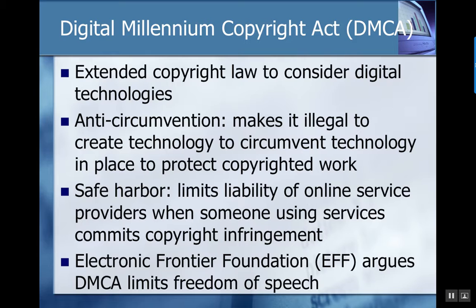One of the pieces is called anti-circumvention, which makes it illegal to create technology to circumvent technology in place to protect copyrighted work. This was an interesting development because it was one of the big things around the late 90s, early 2000s.